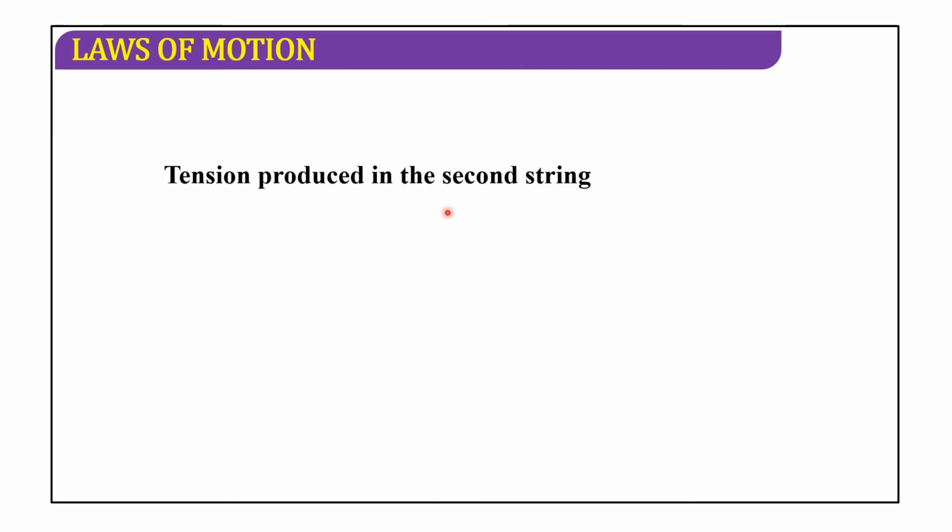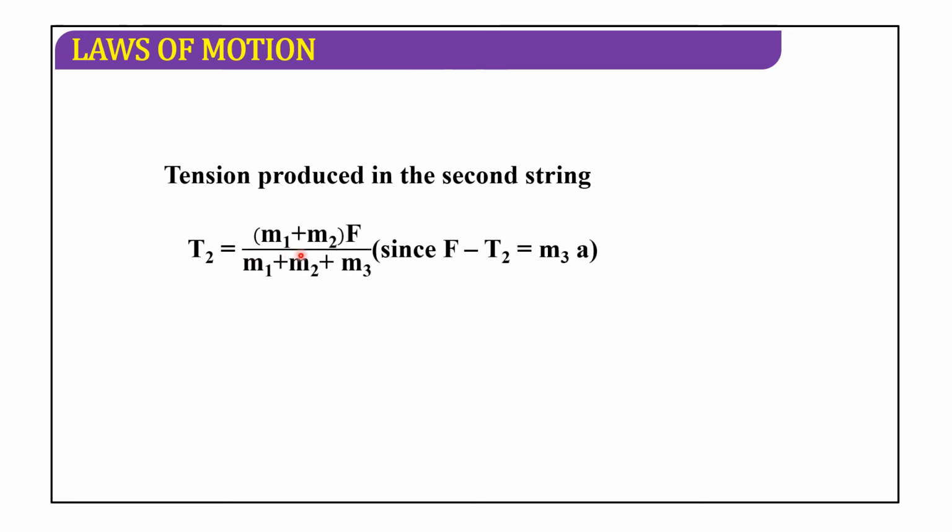Tension produced in the second string T2 is equal to M1 plus M2 of F by M1 plus M2 plus M3, because F minus T2 is equal to M3A. So tension produced in the third string T3 is equal to F.